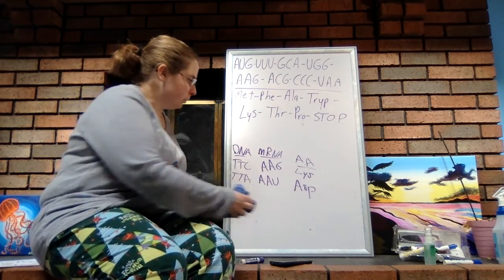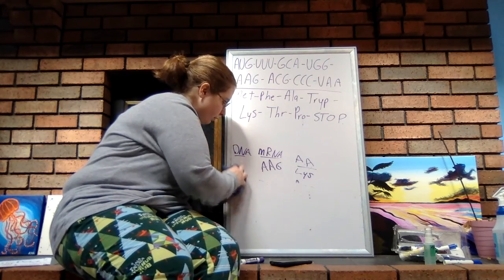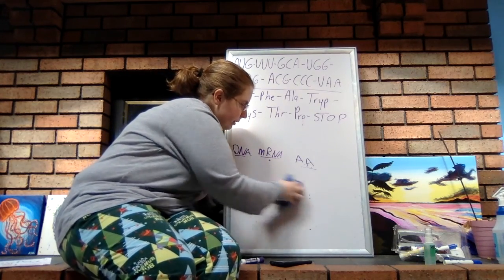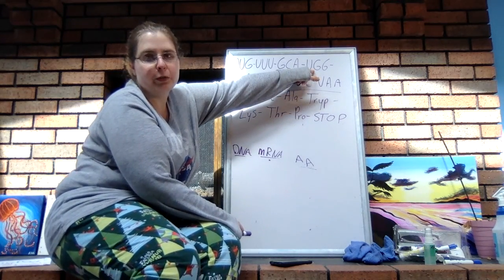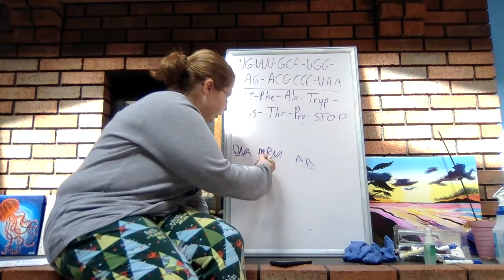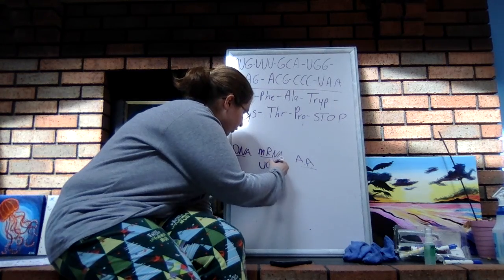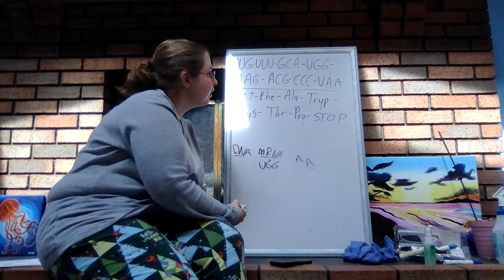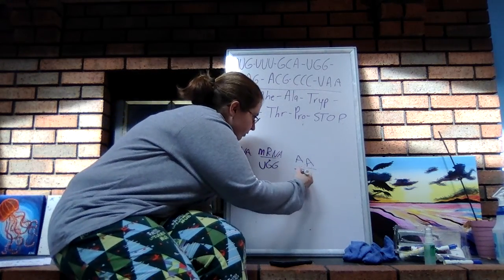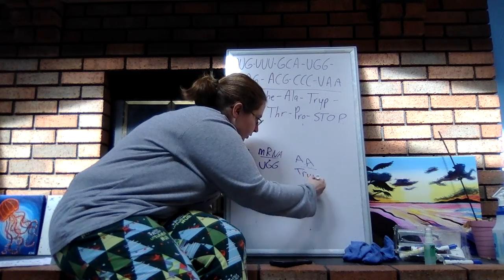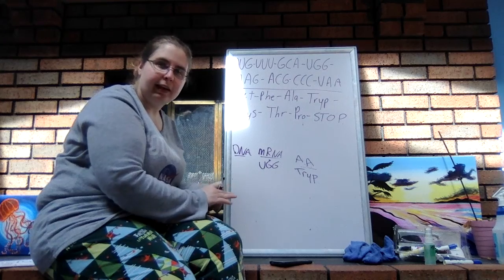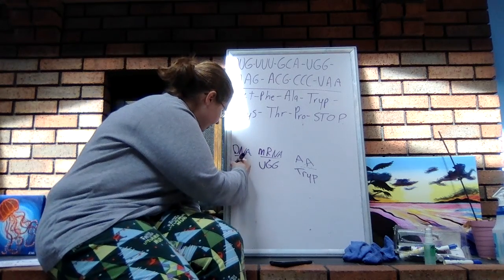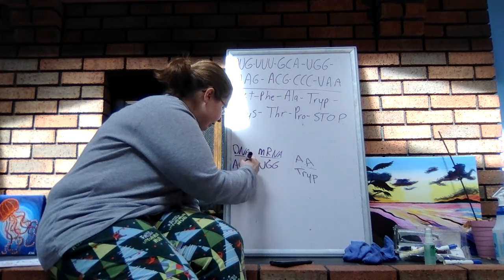Now there's also some. Still working on point mutations, but this time I'm going to look at this fourth codon, UGG. So we know that UGG codes for tryptophan, and the complementary DNA sequence that would go along with that is ACC.